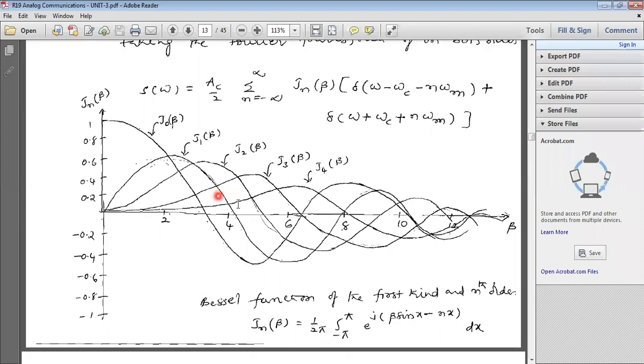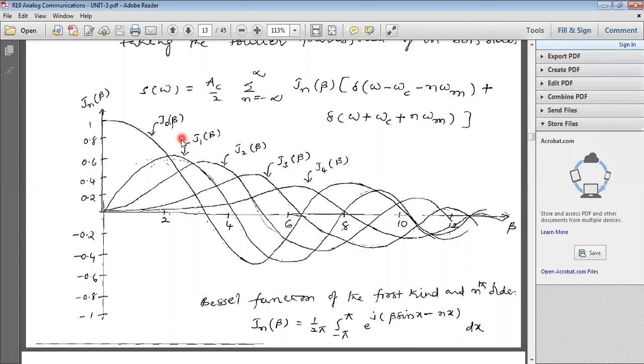This graph shows the nth order Bessel function for different values of n. This is a standard form of the Bessel function graph; you can search for Bessel function graphs on the net.